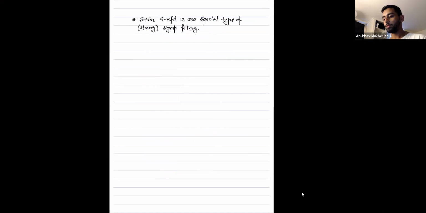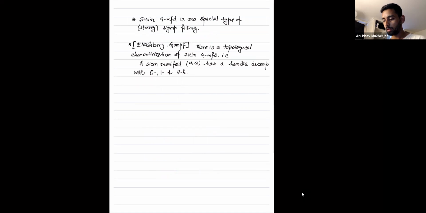A Stein 4-manifold is a special kind of strong symplectic filling, and I'm not going to define what a Stein 4-manifold is, but I'll give a topological characterization of Stein 4-manifolds, which is due to Gompf and Eliashberg.